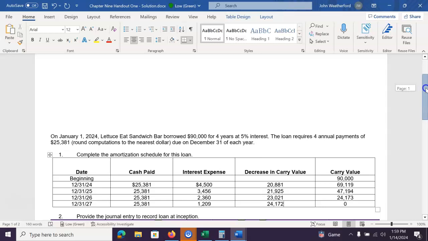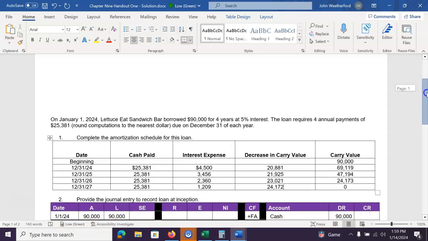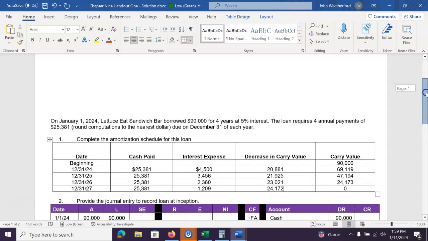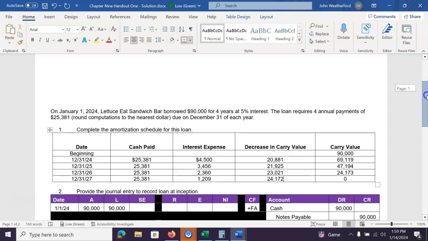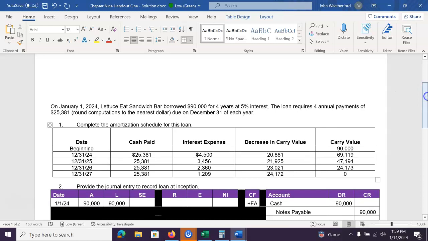So Lettuce there would debit cash $90,000 and credit notes payable $90,000. It's probably familiar to you from our current liabilities chapters. That part's the same. So the asset cash increased by $90,000. Our liabilities increased by $90,000, and that's cash coming in from a financing source.